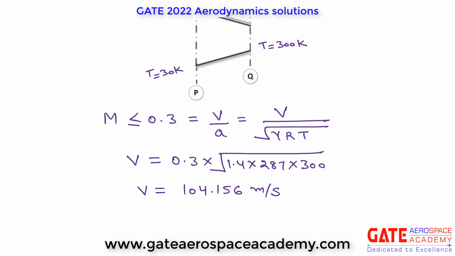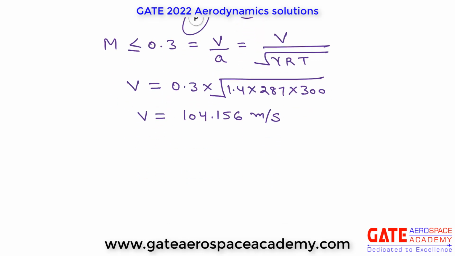Now we have the velocity. Now we can apply the continuity equation between these 2 points P and Q. So using continuity equation we can write mass flow rate rho A V at section P is equal to rho A V at section Q. Since it is incompressible, density can be assumed to be constant.